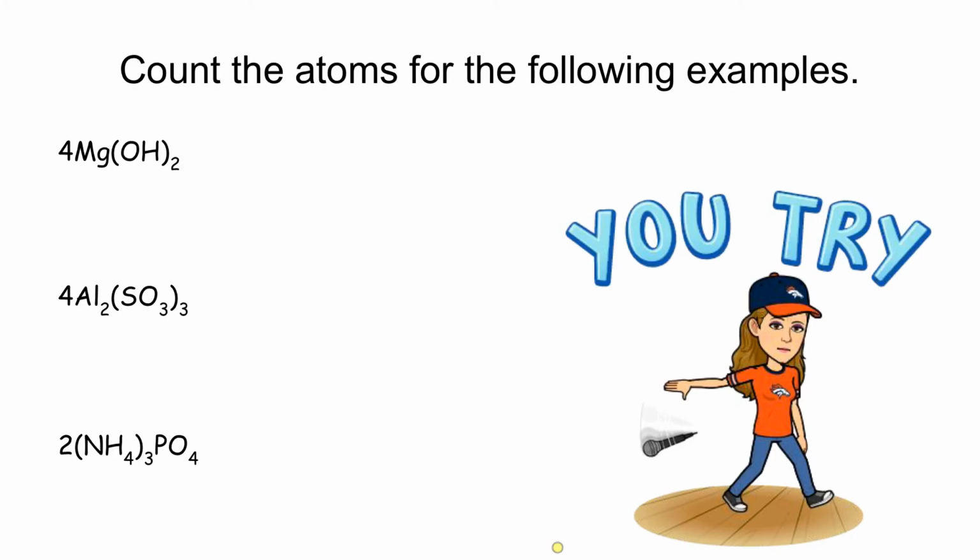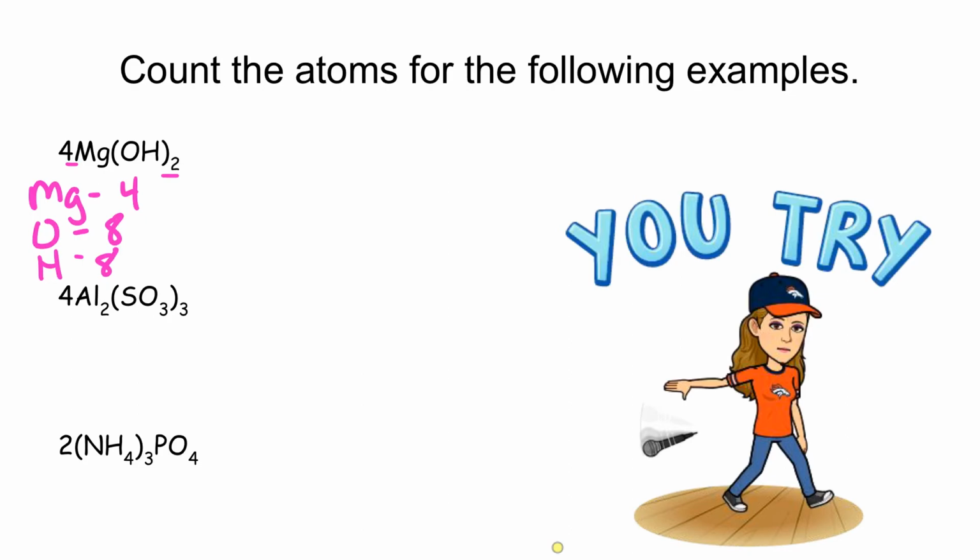So you try. How about you count the number of atoms for each of the following examples. So in this example, we have Mg. There are 4 Mgs. In oxygens, we have 2 times 4 is 8. And for hydrogen, we have 2 times 4, which is 8.